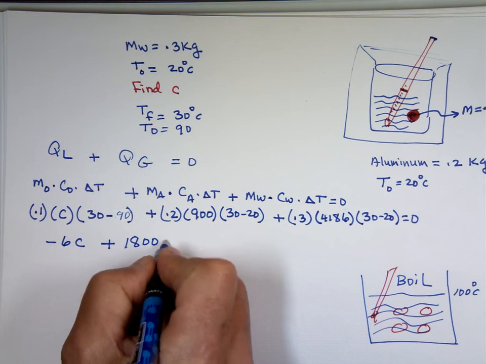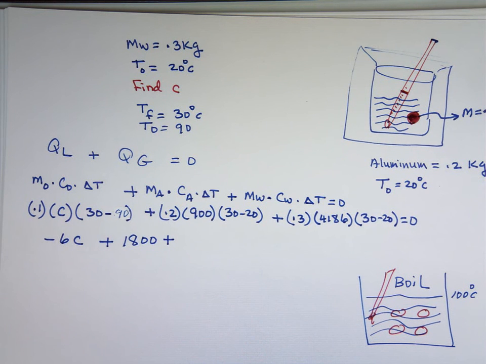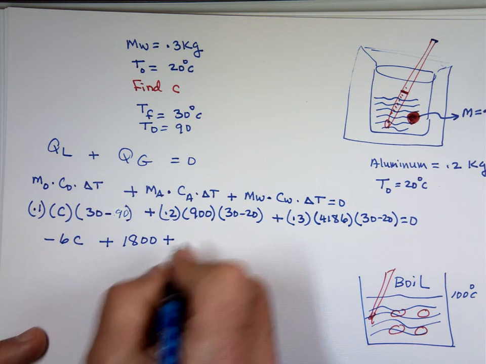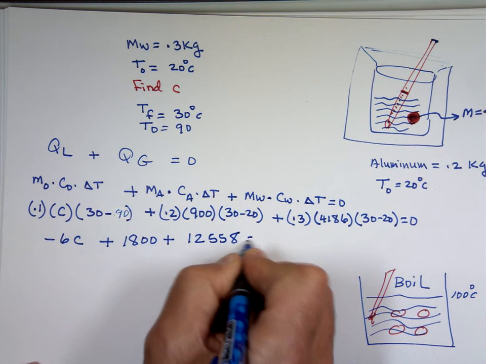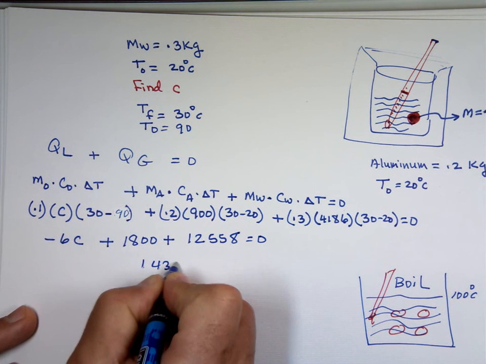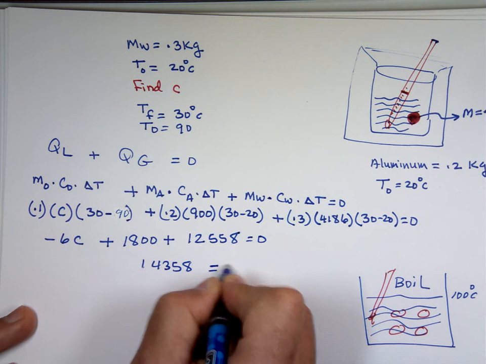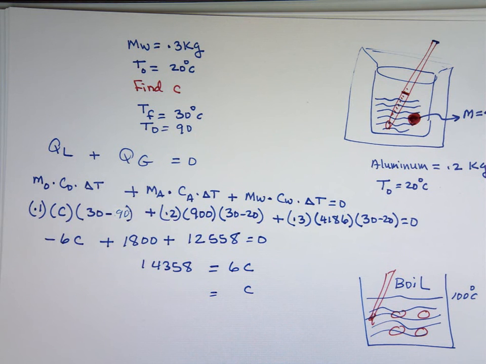This will be 3 times 4,186, which is 12,558. So 14,358 equals 6C. Can I get what the specific heat is for that? It is 2393.